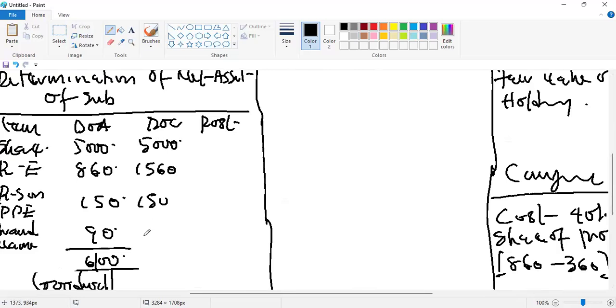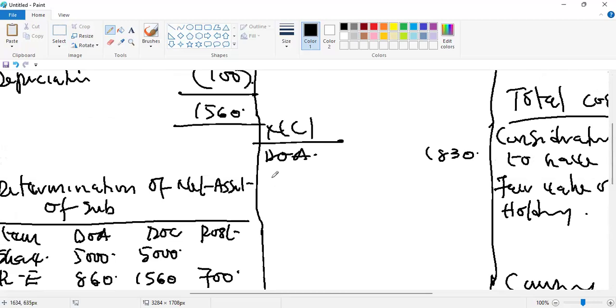1560 minus 860, 700 will be shared between the parent and NCI. So NCI will collect 30% of the share of profit. 0.3 times 700 is 210. 210 will go to this account.